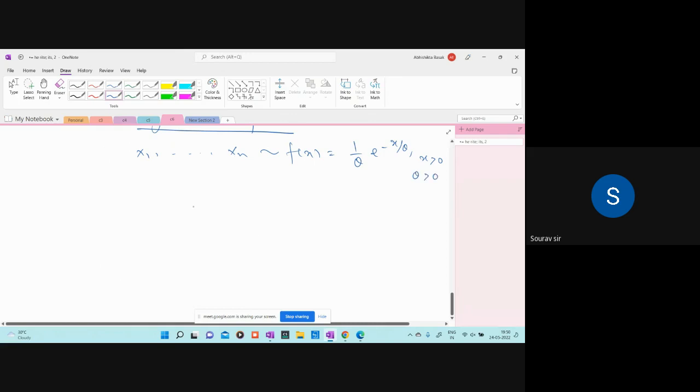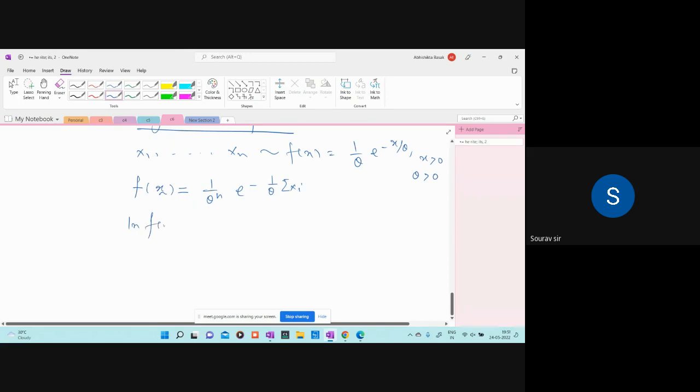That is exponential. Okay, so f of x curl will be 1 by theta to the power n e to the power minus 1 by theta summation xi.